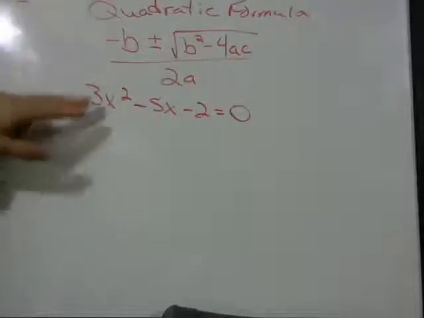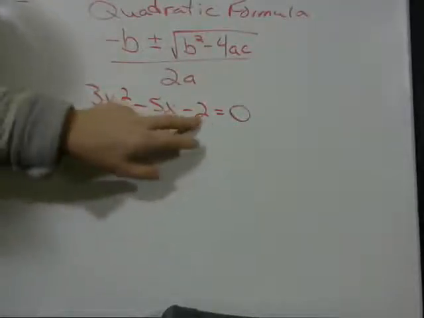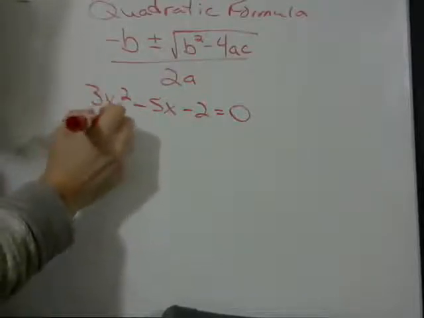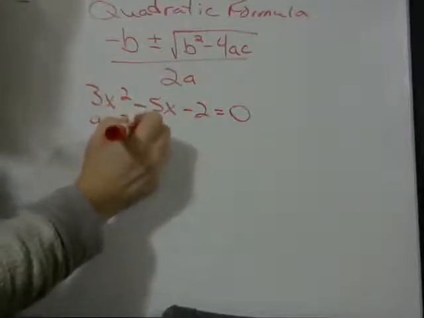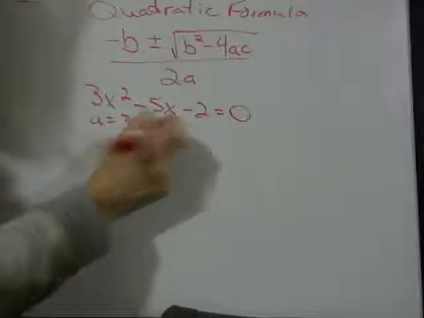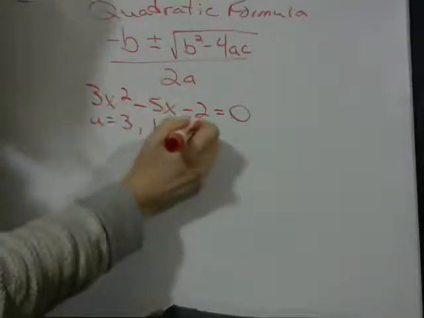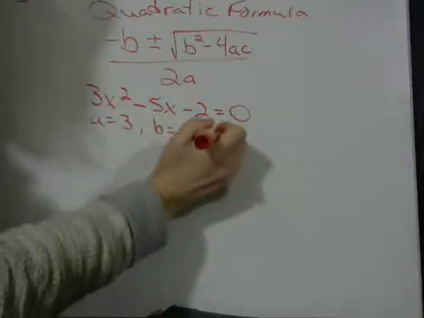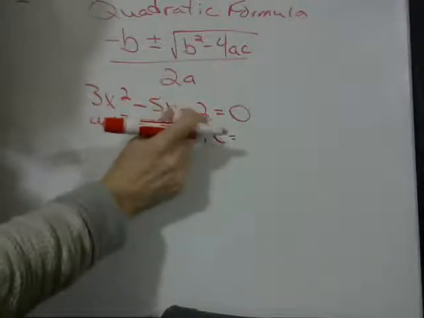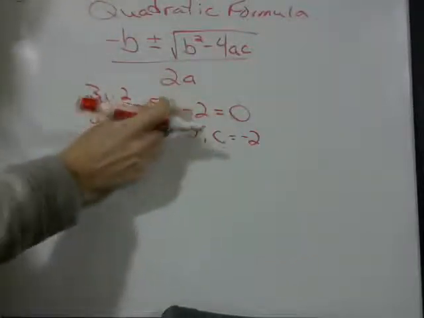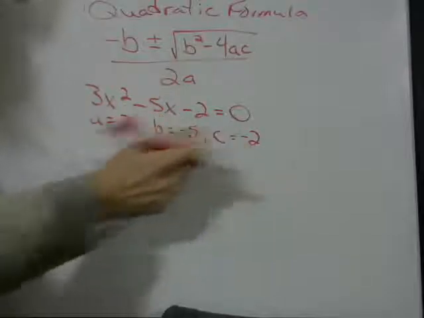So remember, this is A, this is B, this is C. So A equals 3. B equals, this is minus 5, right? So you need to make sure that you write the minus 5. And C equals minus 2 or negative 2. So make sure if there's a minus sign, you write the negative.